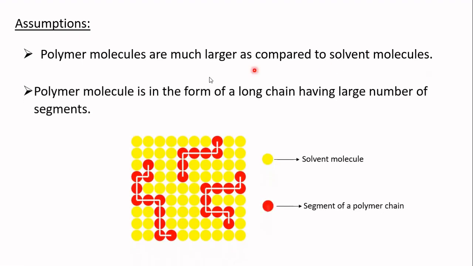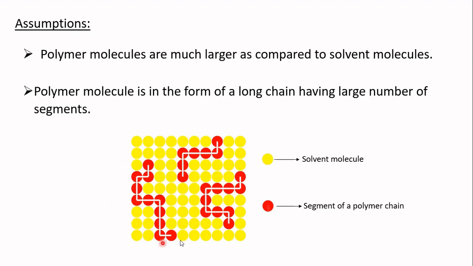And the second assumption, polymer molecule is in the form of a long chain having large number of segments. If you consider this polymer molecule, it is made up of a large number of segments. So these segments you may consider as a repeating unit of the polymer chain.